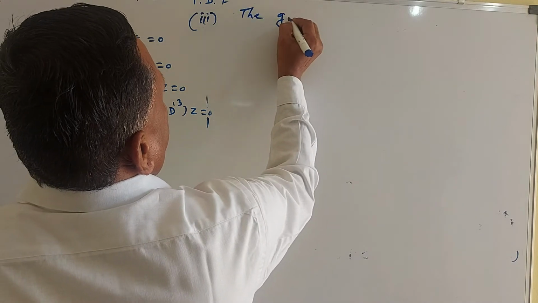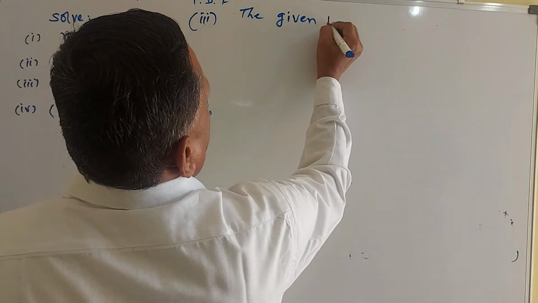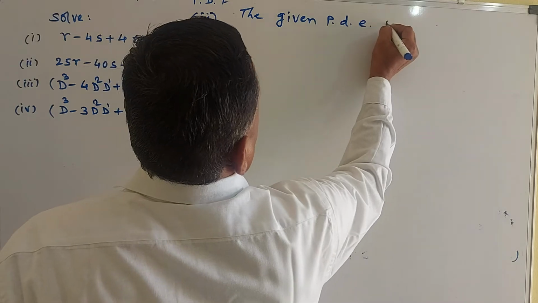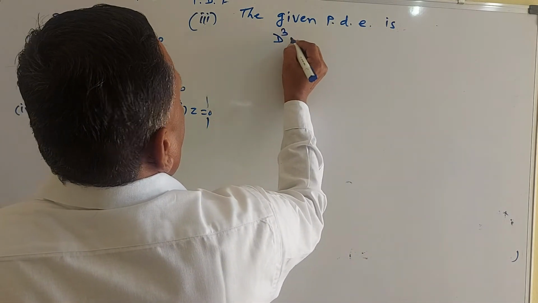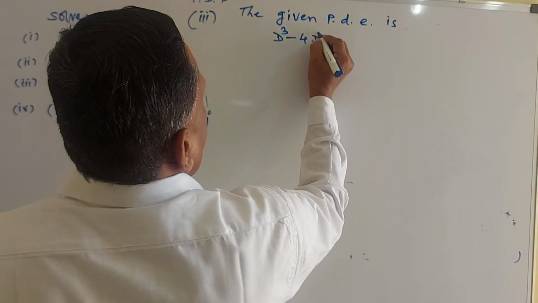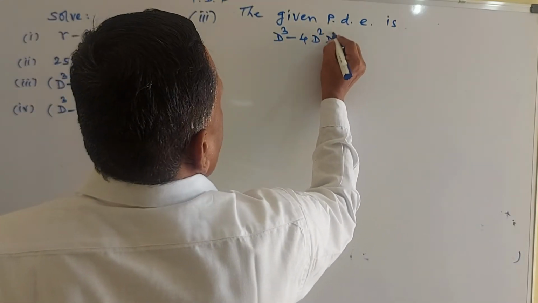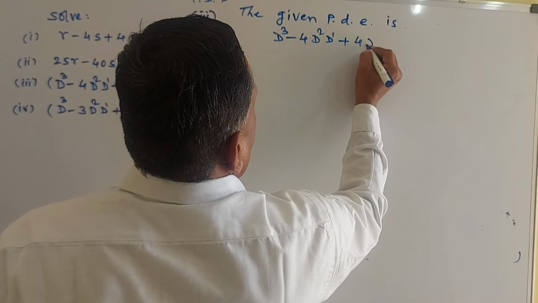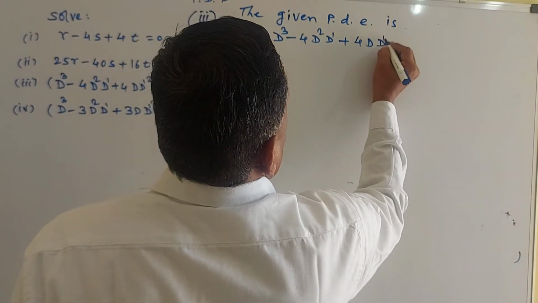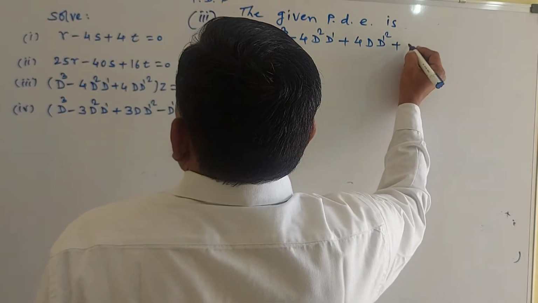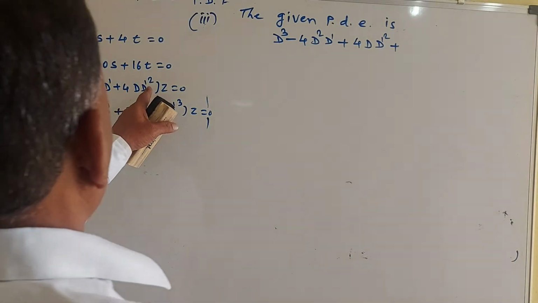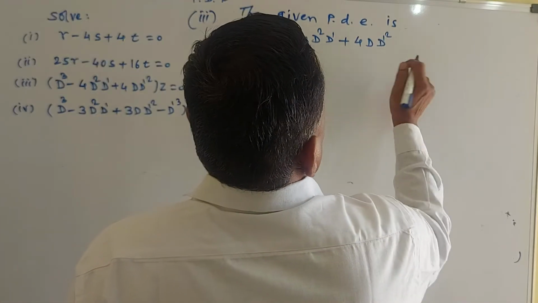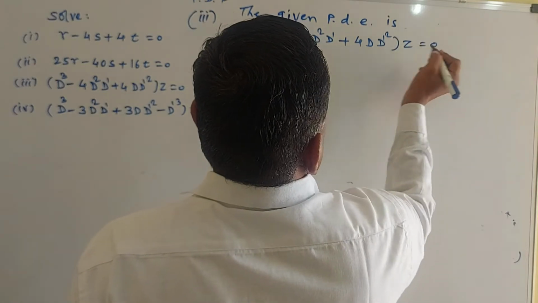The given partial differential equation is D cube minus 4D square D dash plus 4D D dash square, operated on z, is equal to 0.